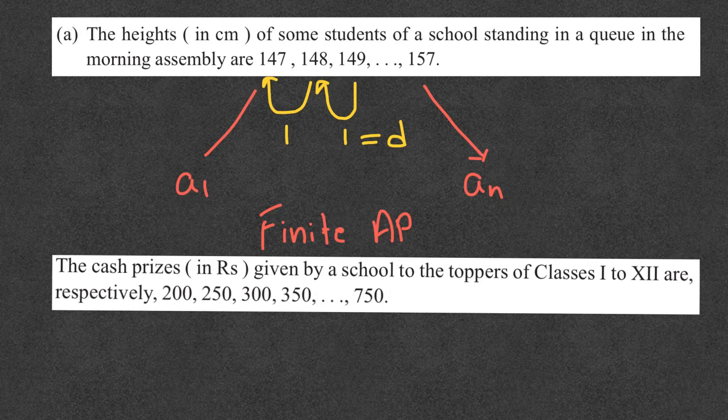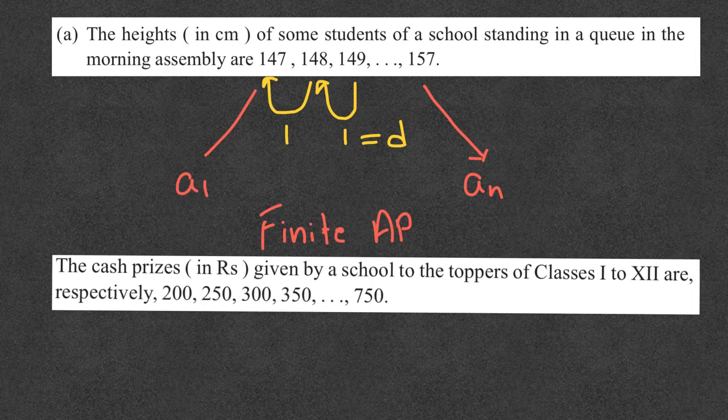What about this example? The cash prizes given by a school to the toppers of classes 1 to 12 are respectively 200, 250, 300, 350 and so on up to 750. Does this form an arithmetic progression?